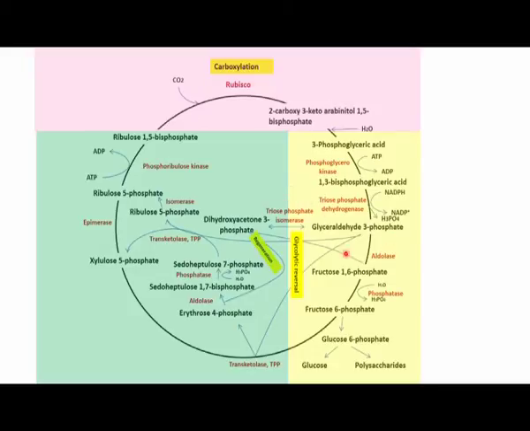Then either of these, the dihydroxyacetone phosphate or the glyceraldehyde 3-phosphate, both isomers undergo a condensation reaction with the help of an enzyme known as aldolase to form fructose 1,6 bisphosphate.